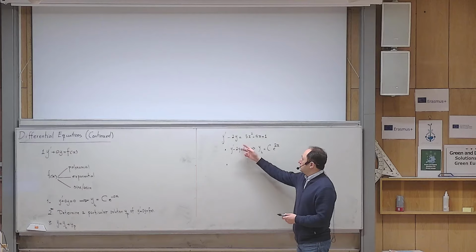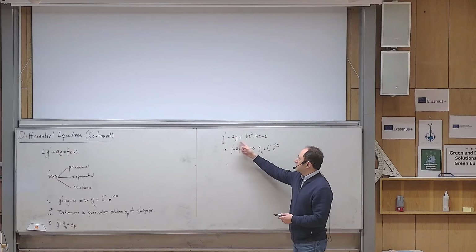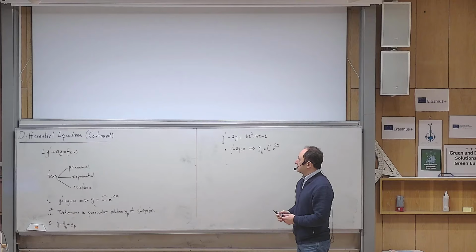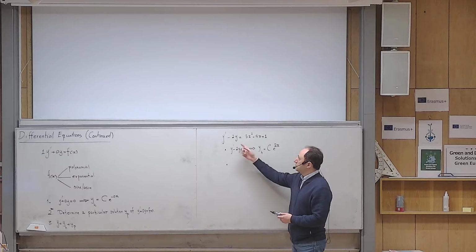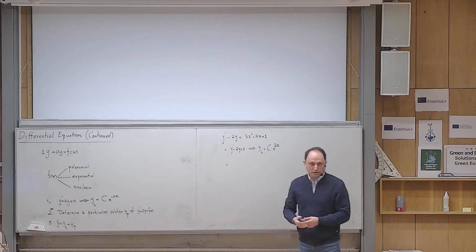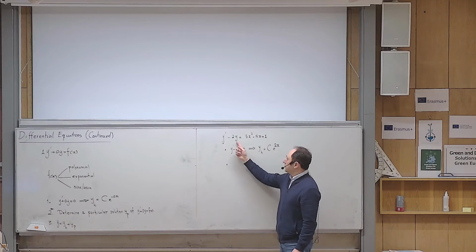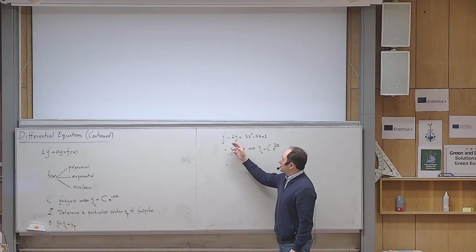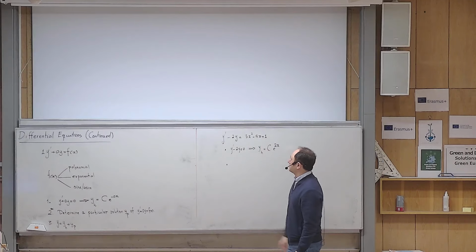If I want to look for a function that fits this differential equation, it is pointless to look around all possible functions, yes? Because I want a function whose derivative, added to it multiplied by -2, becomes a polynomial of second degree.